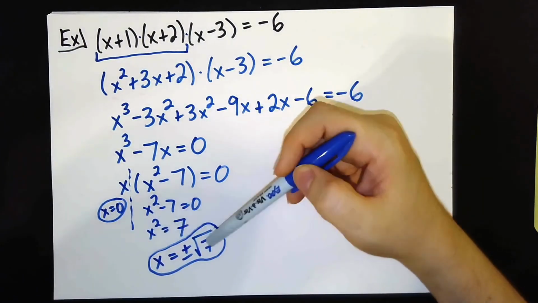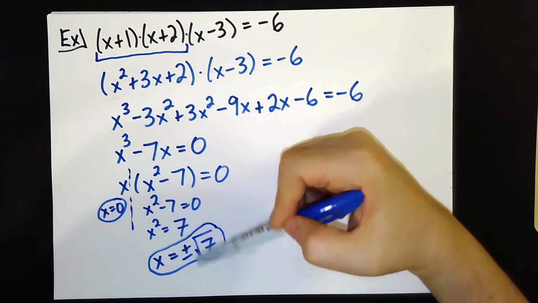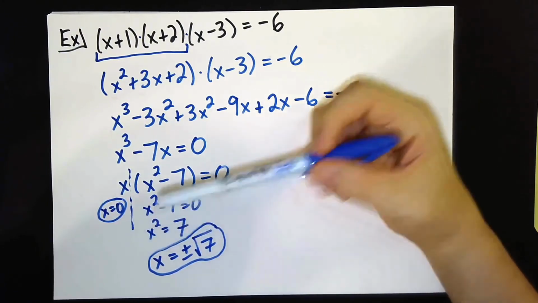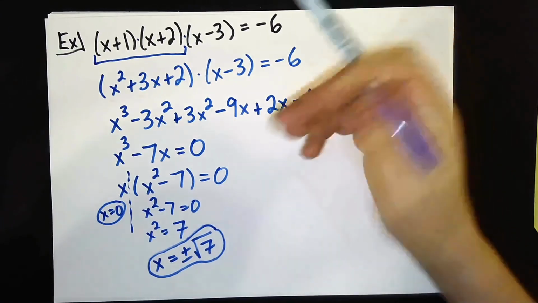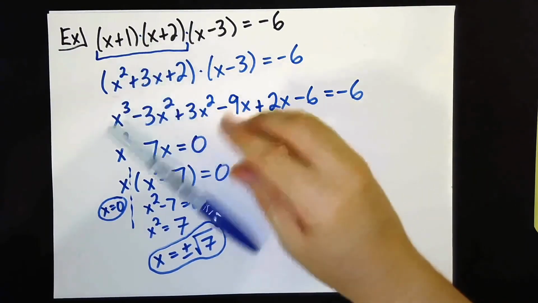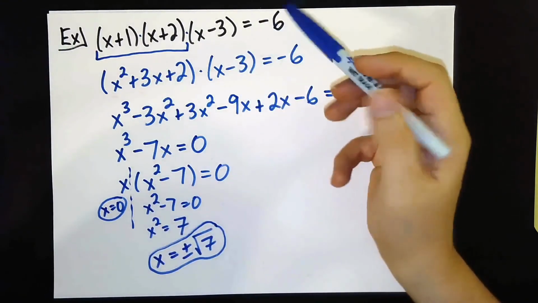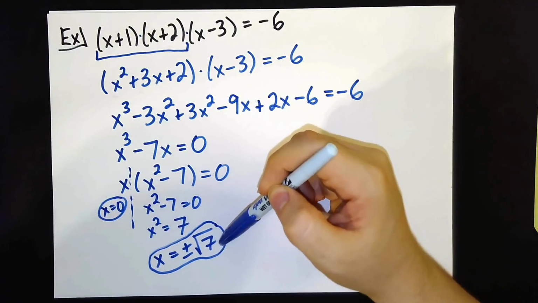And so because the square root of 7 is a solution to this equation, so is minus the square root of 7. So you have to be sure to include both. But that's it. At the end of the day, there are 3 solutions to this equation: 0 and plus or minus the square root of 7.